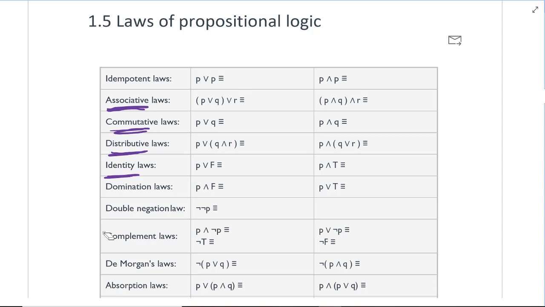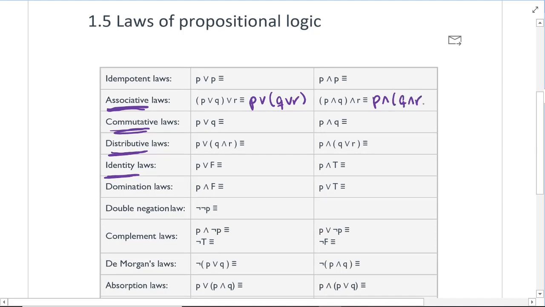Okay, so let's do these four first so we can feel a little bit more confident about it. If you remember from algebra, when we use the term associative, it usually means we can move the parentheses. And that's exactly what it means right here. So P or Q or R is equivalent to P or quantity Q or R. And P and Q and R is equivalent to P and quantity Q and R. Sometimes we can just leave the parentheses out altogether.